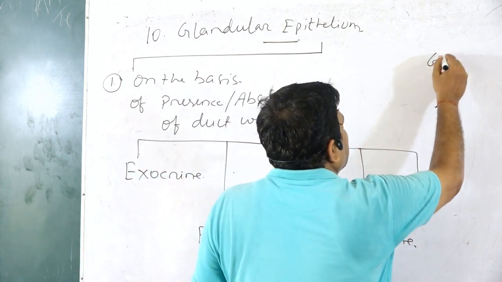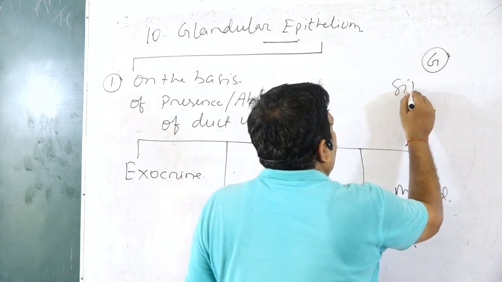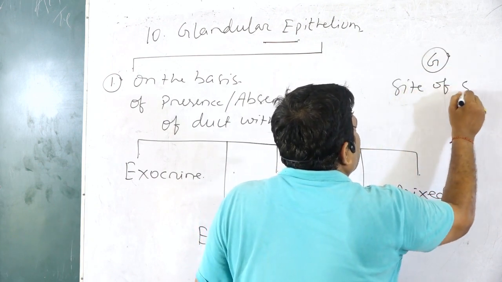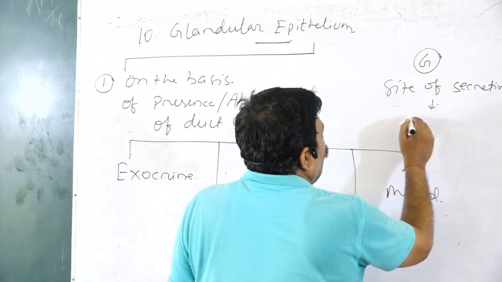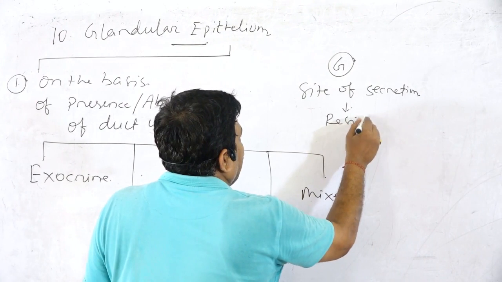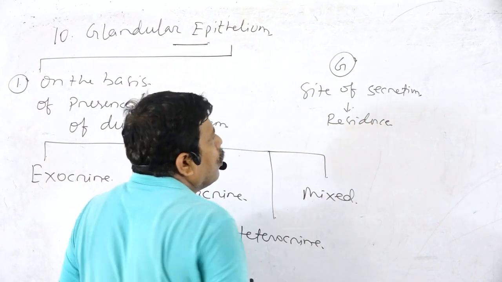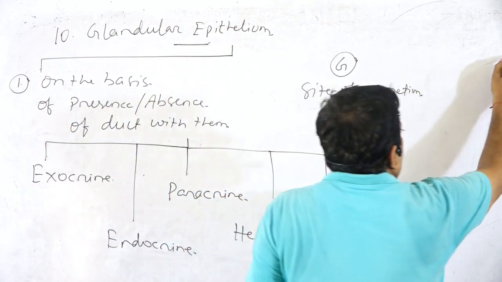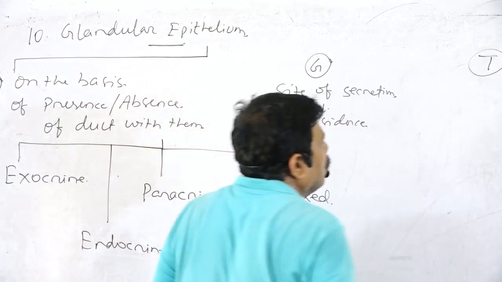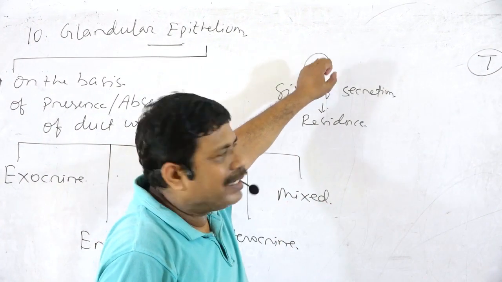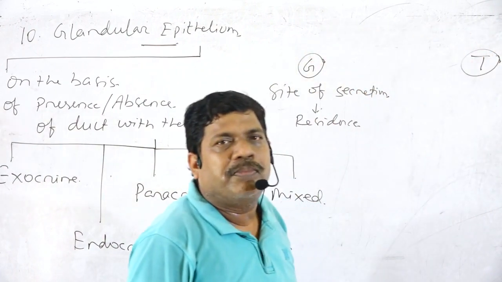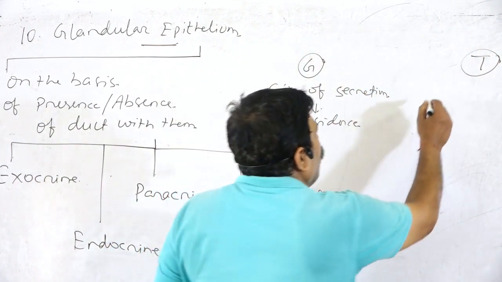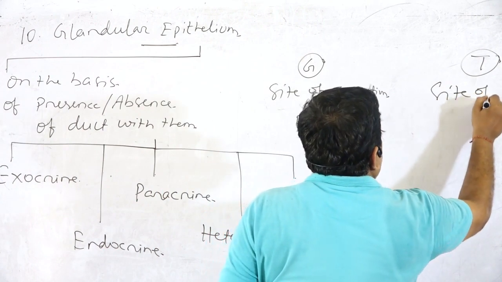Suppose this is the gland, the site of secretion, this is the residence. But here is the target organ. What the gland secretes, the secretory substance has its action at another part of the body, called the target organ or site of action.